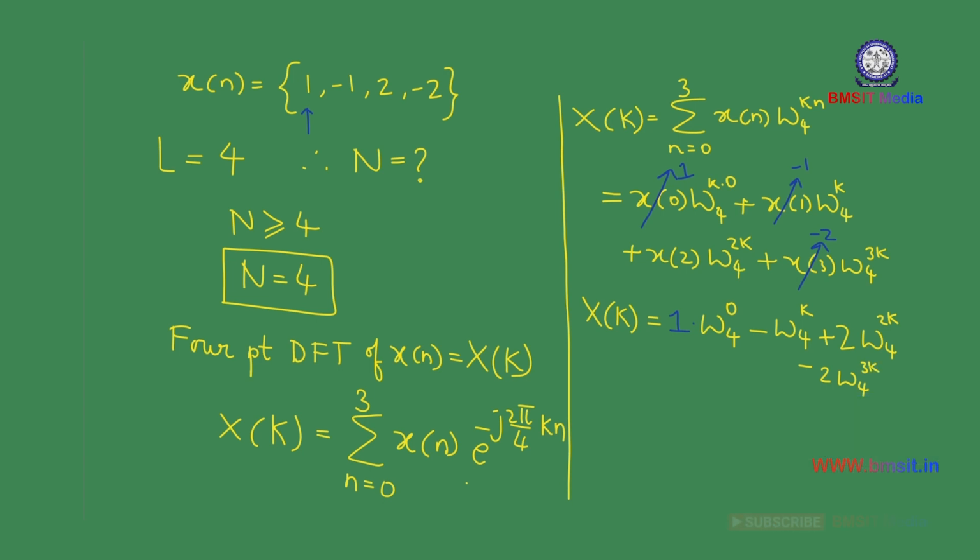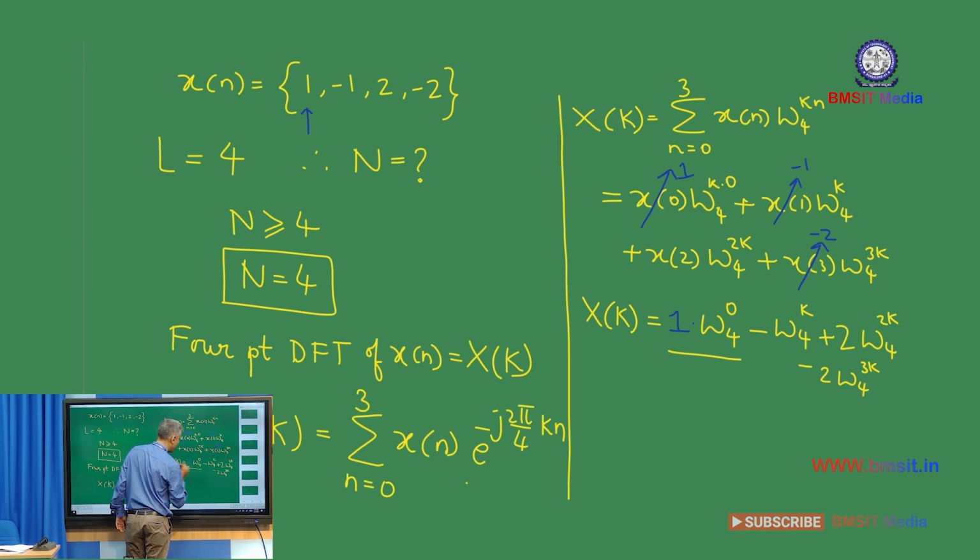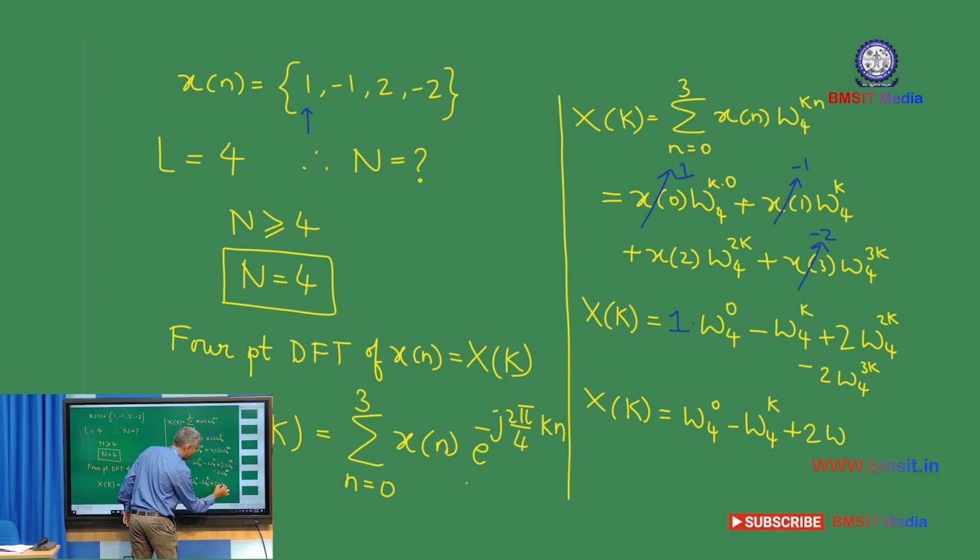So the whole expression is in terms of only the k value. The very first term is 1 into W4 raised to 0. You can simplify it further as x of k equal to W4 raised to 0 minus W4 raised to k plus 2 into W4 raised to 2k minus 2 into W4 raised to 3k.